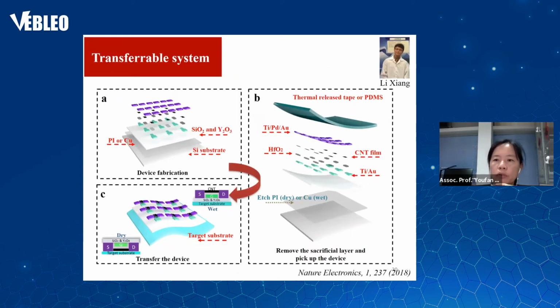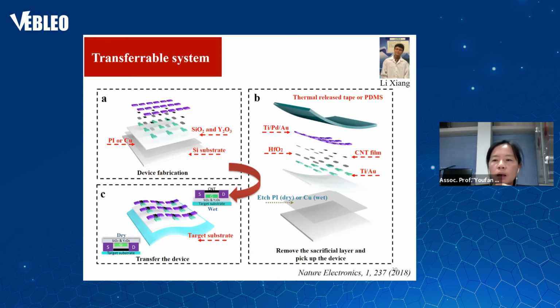In the third part of my talk, we are talking about the transferable system. In the last case, we still have a substrate between the electronic devices and your body surface or your skin. By using such a transferable system, we can put the whole system directly on your body surface.